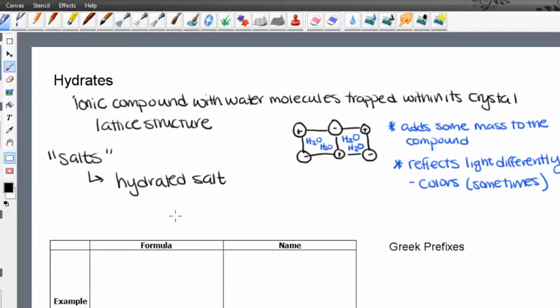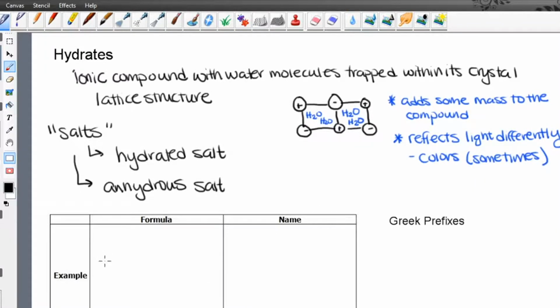And if we were to dry out that salt, if we were to remove all of the water molecules that have been trapped inside that crystal lattice structure, instead of a hydrated salt, we can also call it the anhydrous version of the salt. An meaning without. So there are salts that do have water, hydrated salts, and there are anhydrous salts that do not have water.